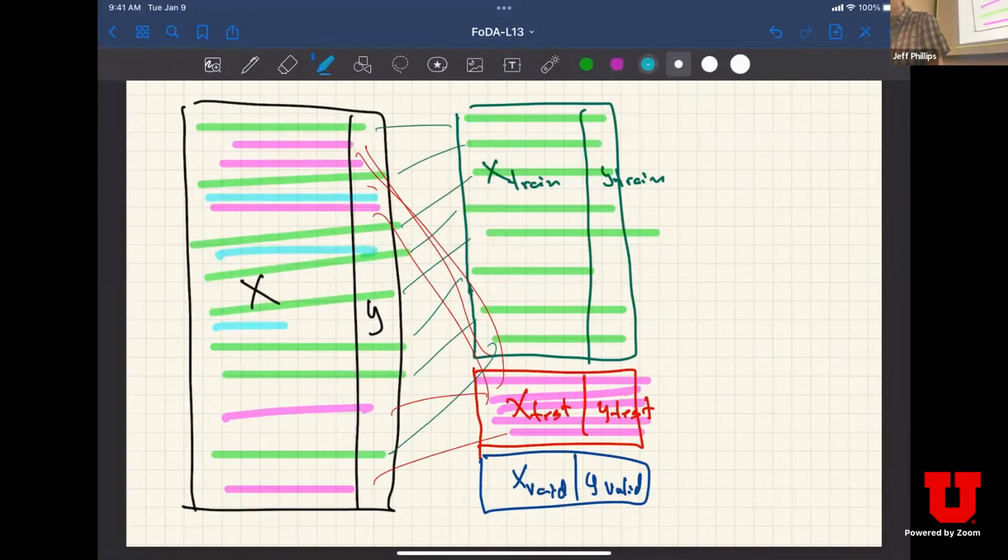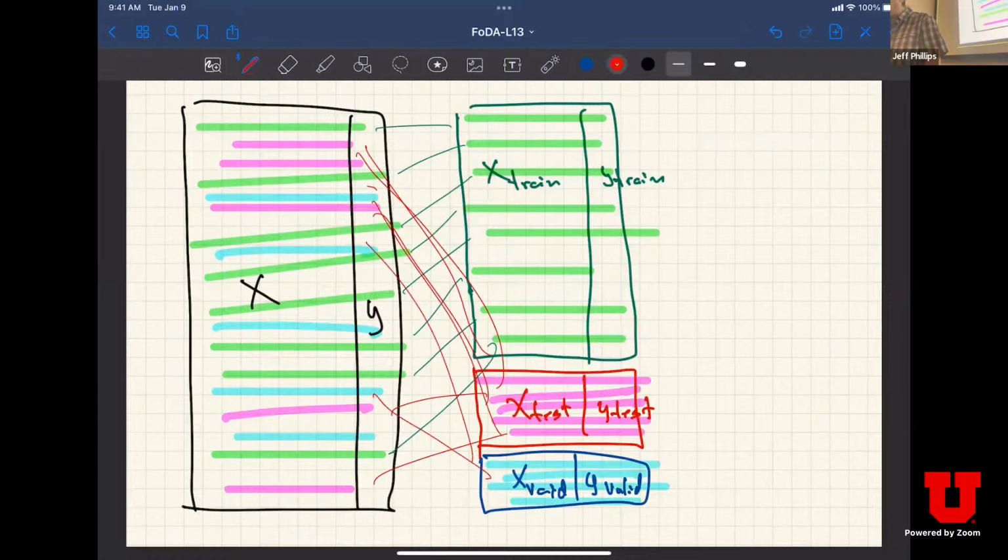And then there's also the validation data, where you are also pulling these into this last set. And so now what you would do is you'd have kind of three phases here. One is train.